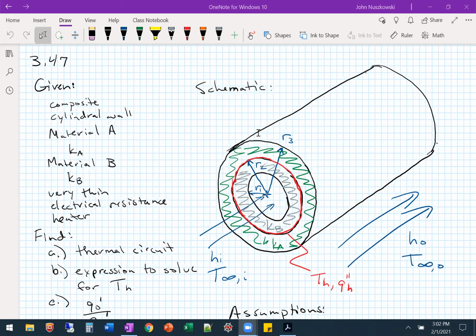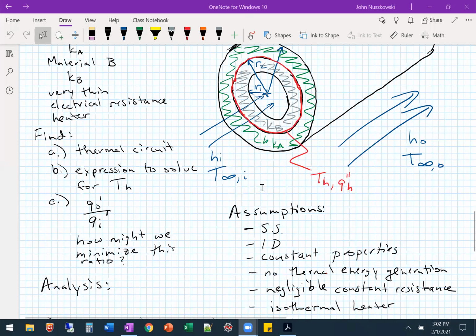And they wanted us first to do this under steady state. We have the thermal circuit, which we did for part A. And then part B is to solve for an expression for TH, the temperature of the heater. And then C is that ratio of heat outer over heat inner.